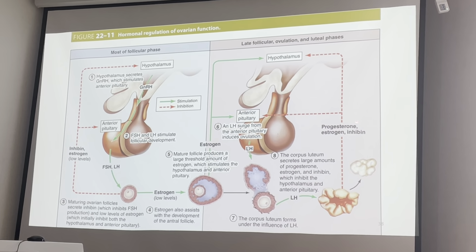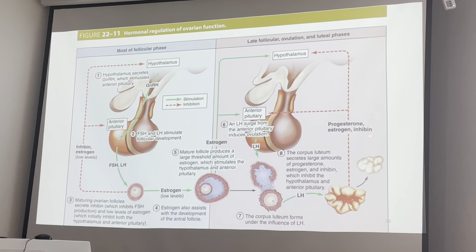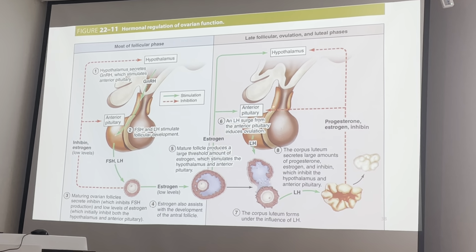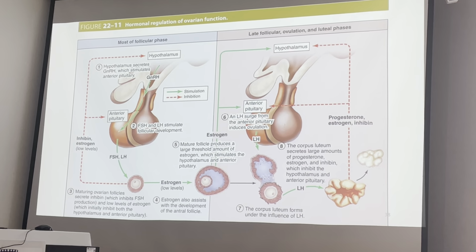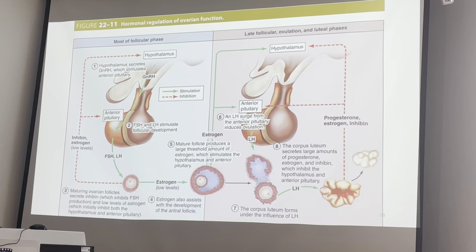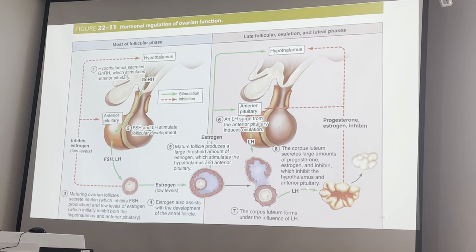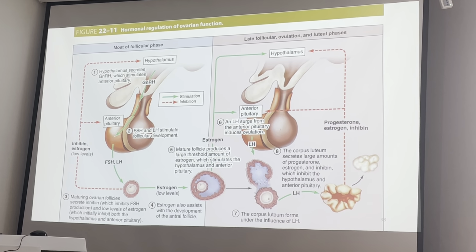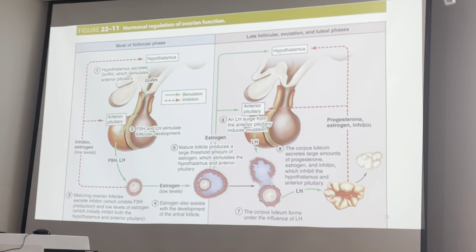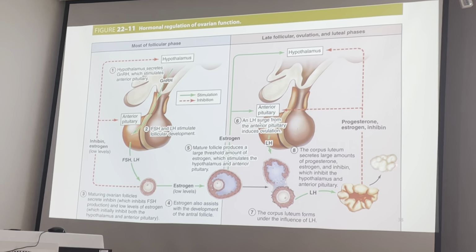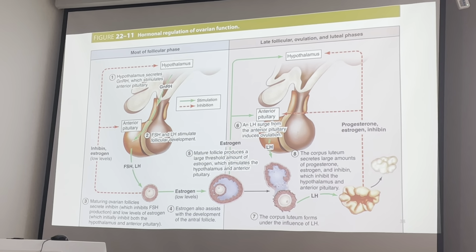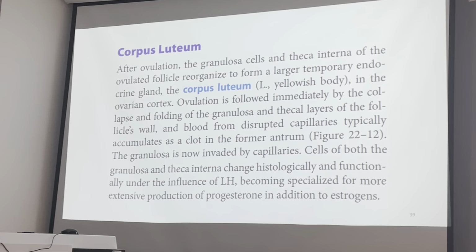With the increasing amount of progesterone, estrogen and inhibin, they give negative feedback to the hypothalamus and hypophysis and decrease the levels of LH. With this decrease, the production of progesterone is decreased, and our corpus luteum changes into the corpus albicans.